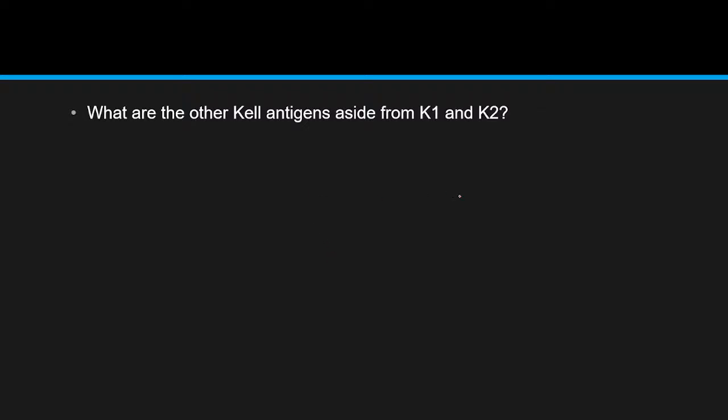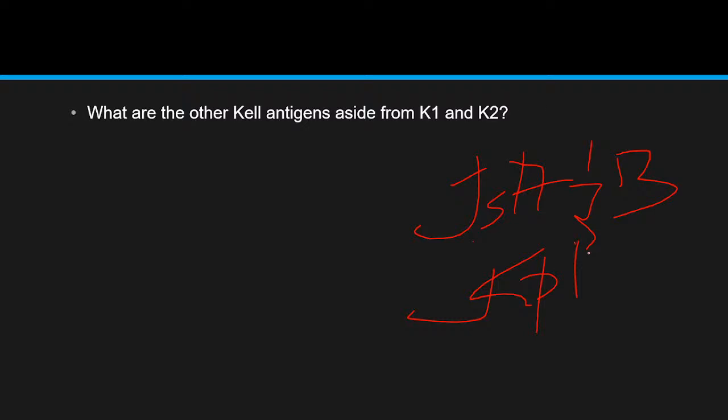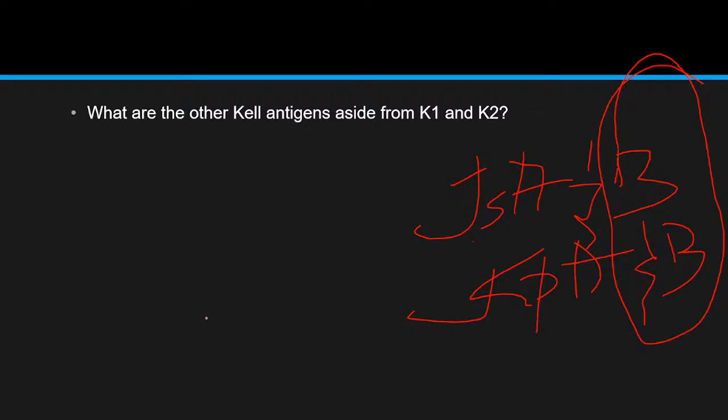We have JSA, KPA, and B. Now, which ones are the high frequency ones? The high frequency ones are the B ones. Do you notice a trend, class?